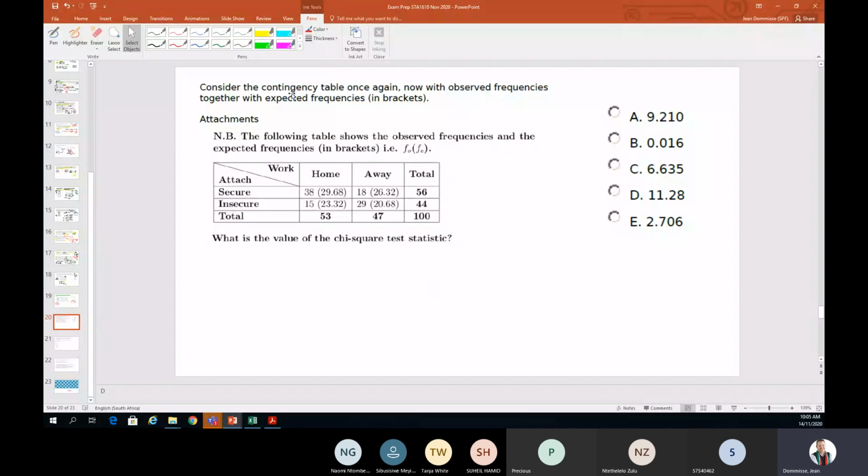And another one. Consider the contingency table once again. Now that observed frequencies together with expected frequencies in brackets. Oh, they actually ask you to work this out. That is scary. What is the value of a chi-square test statistic? Okay, so you now needed to work this out.